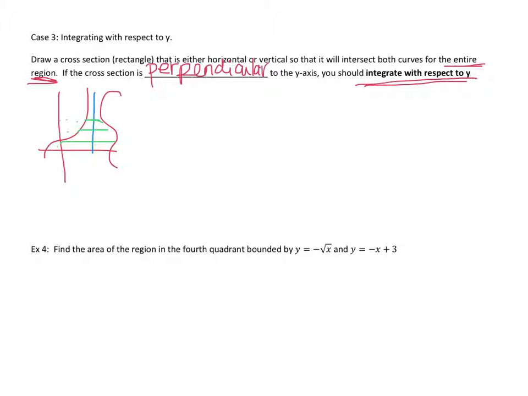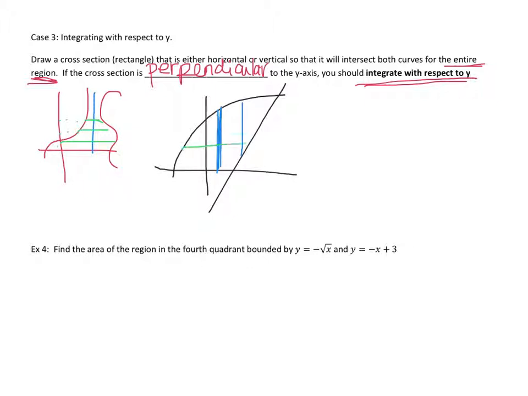Okay, so another example. Okay, if those are your two curves, you can draw vertical rectangles for sure, but look what happens. That rectangle is no longer intersecting both of my curves. If I were to draw it the other way, horizontally, it would intersect both the entire time, right?